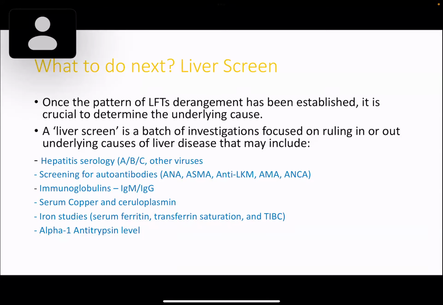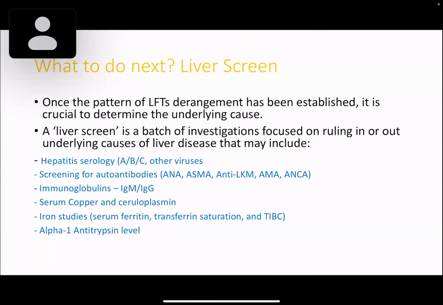And of course, we have to integrate the history with physical examination findings, as we routinely do in our clinical practice. First we obtain history, then conduct physical examination, then do liver function tests and biochemical investigation, then we can proceed to more sophisticated investigations in order to reach a likely diagnosis.